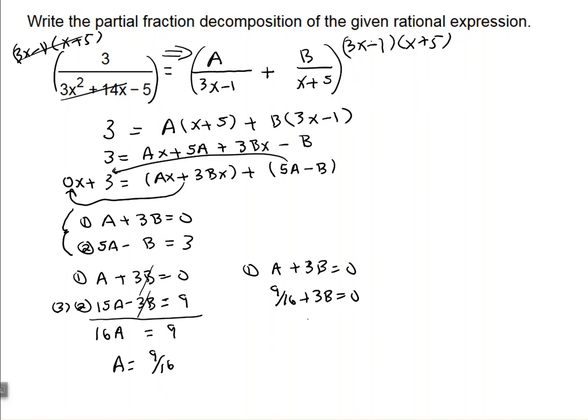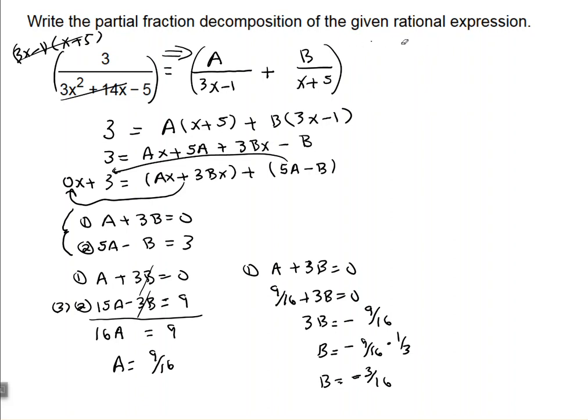Subtract 9/16 from both sides. And then multiply by the reciprocal of 3, which is 1/3. So 3 will go into 9 three times. So we end up with negative 3/16. All right, that's all the information we need to be able to write our partial fraction decomposition.